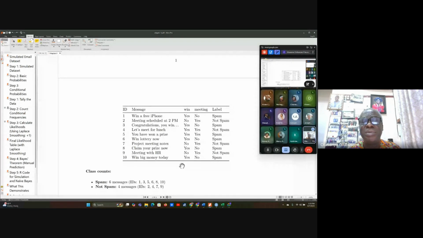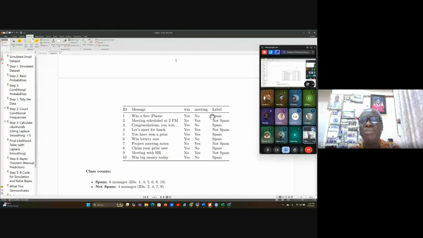If our interest is to predict the class, then we will use the naive Bayes classifier to look at, do we have win there? Do we have meeting there, as the case may be?